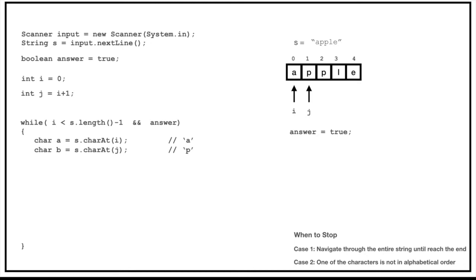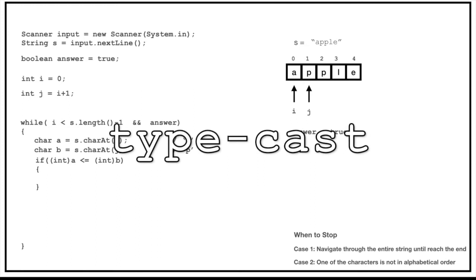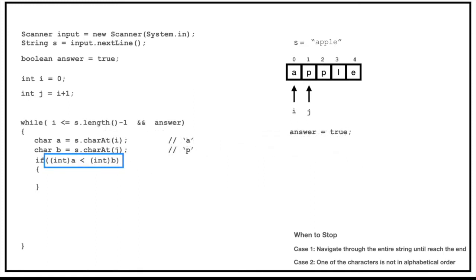So the next step is going to be to check if they're in alphabetical order. Now, how can we do this? Let me just stop here for a moment and identify what exactly we're trying to do. Notice the typecasting, the int. Here, what we identify is this parenthesis that has int.